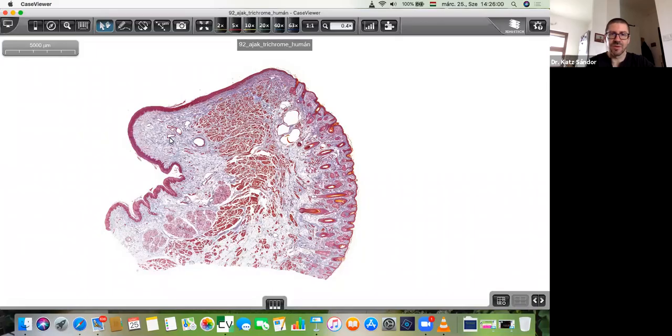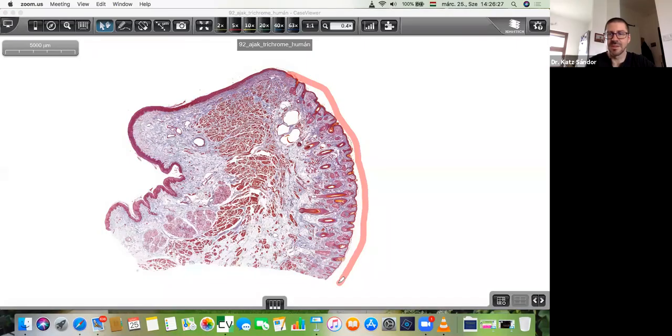So when we look at this section, this is just a sagittal section of the lip. We can distinguish three different surfaces. So this is that surface.